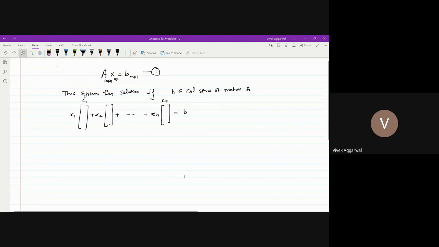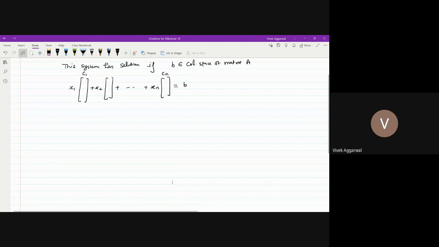In other ways, with the help of matrix theory, we now define the augmented matrix, that we generally represent by this one. In this case, I will write my matrix A, and in the last, I will put the column B here.